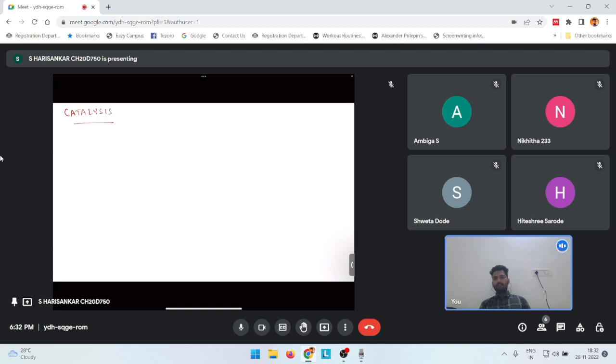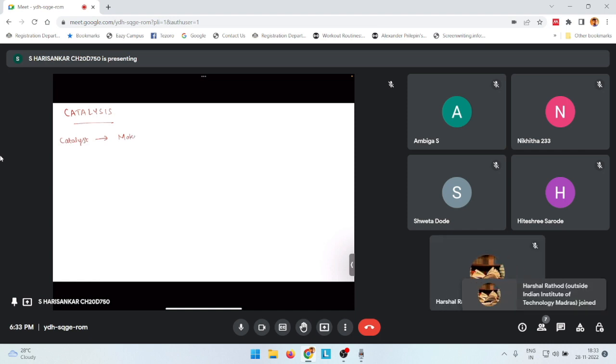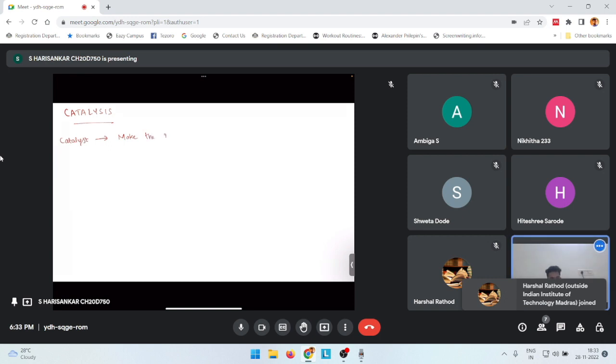Before we go into anything detailed, what is a catalyst? A catalyst is basically something that makes the reaction go faster, or in other words, increases the reaction rate.